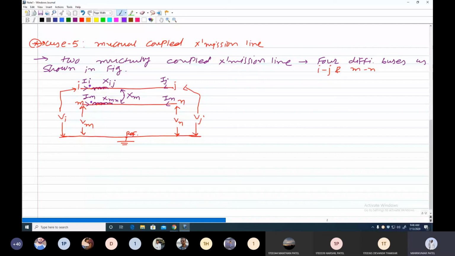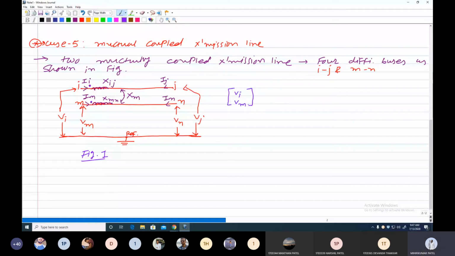From this figure number 1, just help me to directly write down the equation of voltage. We can simply apply KVL to calculate this voltage. I will write it directly in matrix form. Just correct me if I am wrong.